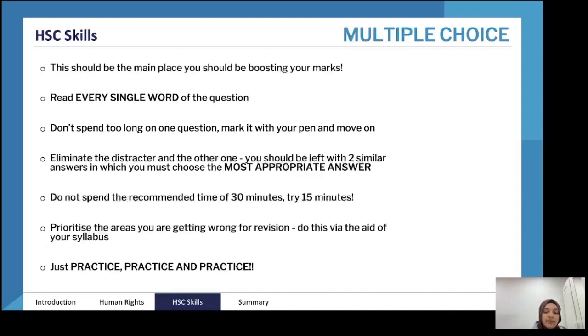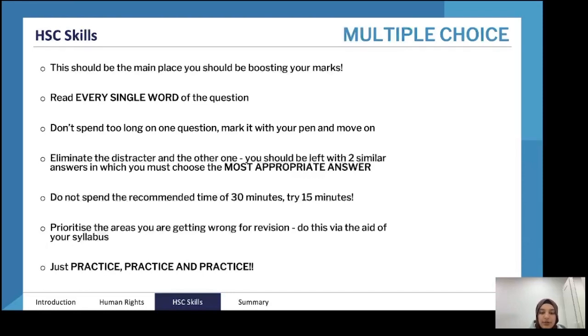But if you are used to being on your own, in a room with just you, the timer and pen and paper, it will really boost your confidence. And hopefully when you get to your final HSC exams, you will find that it's second nature and you'll become a lot more confident.